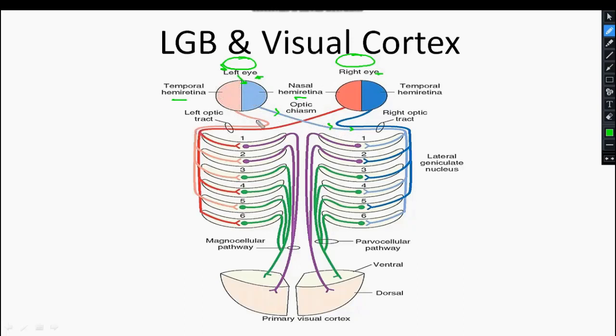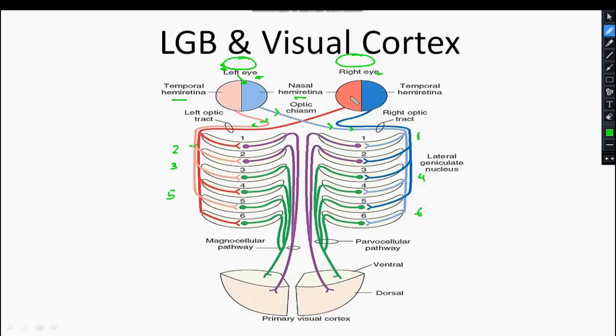You can see this light pink one is ipsilateral, the same side fiber. Among the layers in this lateral geniculate body, the ipsilateral fibers end in layer number 2, layer number 3 and layer number 5, and the contralateral ones end on the first layer, the fourth layer and the sixth layer.